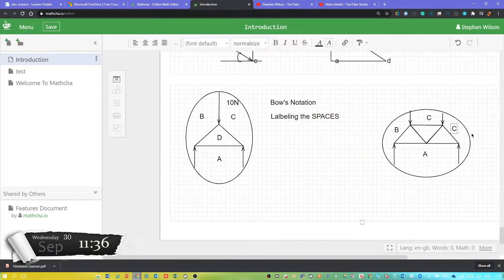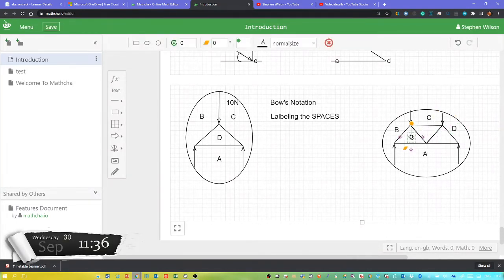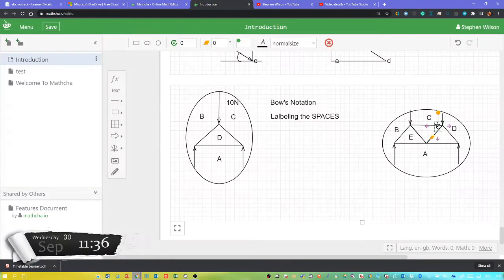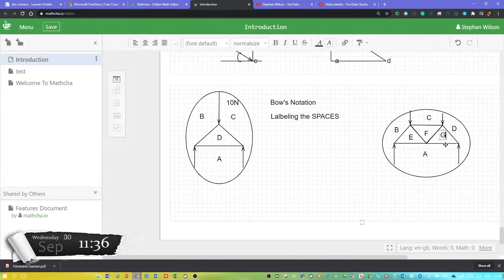There's space D. So we've just gone round clockwise, and then we're going to fill in these here. So that's going to be E, F, and G. So we're labeling the spaces.